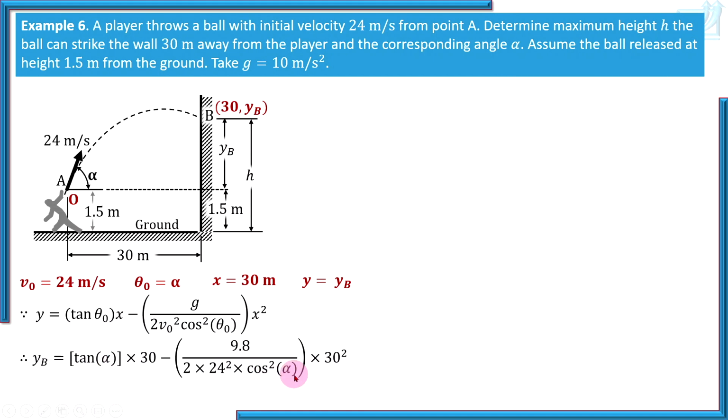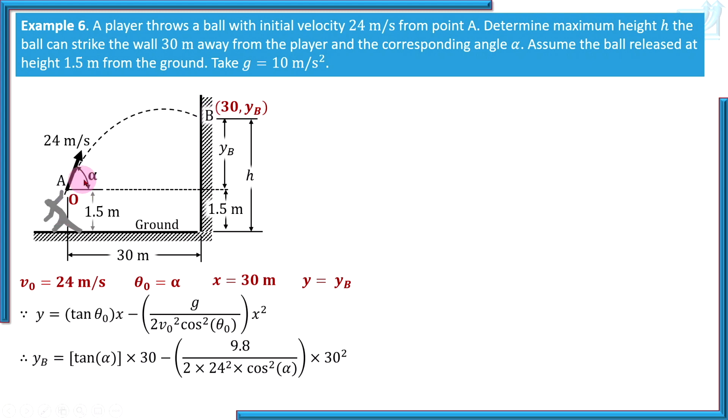Now check, there are two unknowns here. So how to proceed? Listen, you are asked to find the maximum height h and the corresponding angle alpha. The problem suggests using the condition of maxima and minima. If you go on changing the angle alpha, say alpha is much less, then the ball will strike the wall much below the point shown in the diagram.